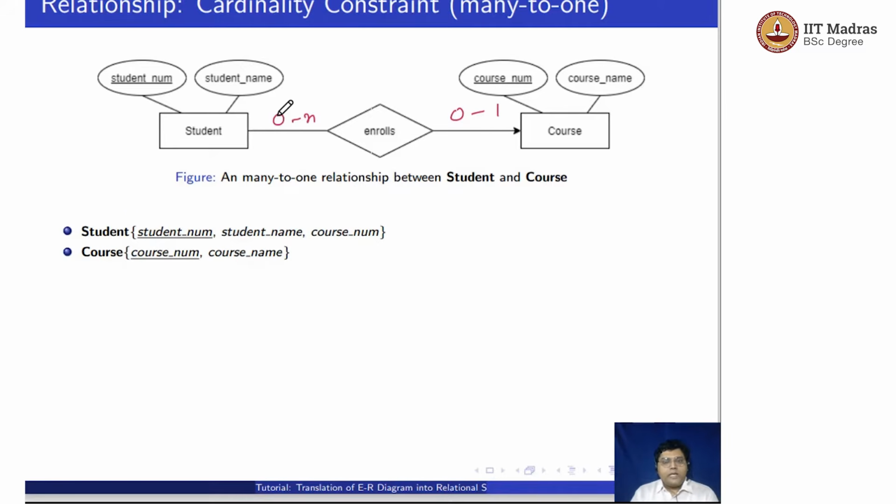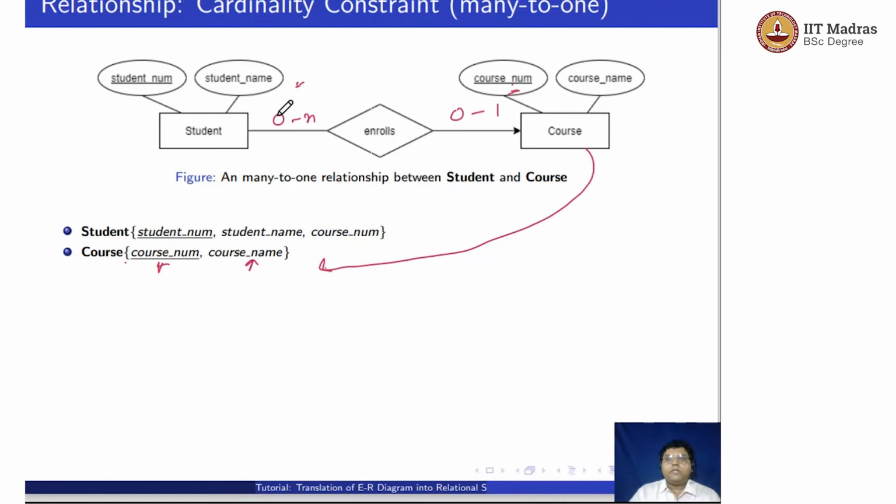The rule is like that: the primary key of the one side becomes an attribute of the many side. The primary key of the one side becomes an attribute of the many side. What is that? So one side is course, right? So what is the corresponding table? Course is having two attributes, course number and course name.